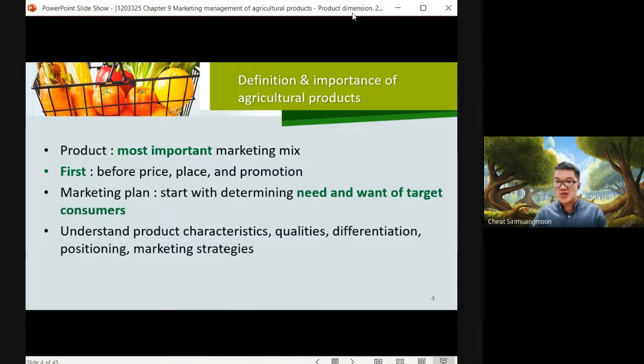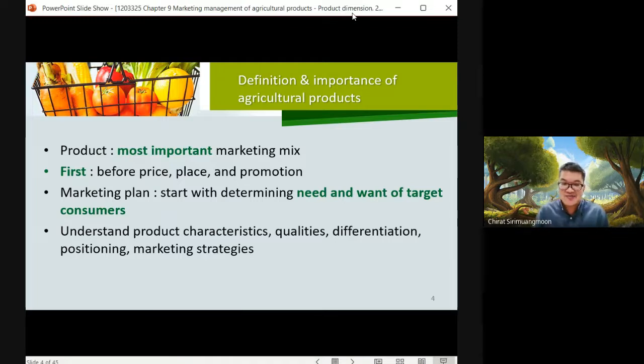So what you need to do is understand the difference that you will present when you compare to the other products. Then the positioning. If you have something clearly better than the other brand or the other type of product, you can do positioning according to the quality.